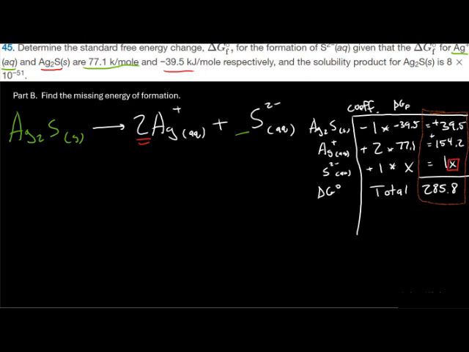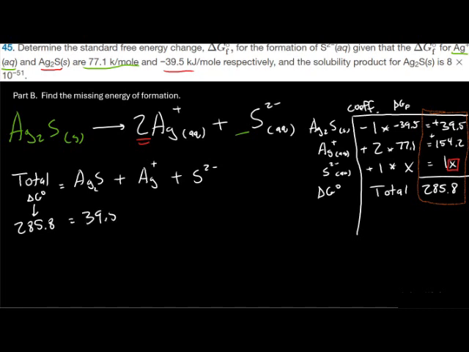Using this information we've gathered, we can find the energy change. We'll set this up and we'll say that our total delta G standard will equal the Ag2S plus Ag plus plus sulfide. The total delta G standard was 285.8. The Ag2S was 39.5. The Ag plus was 154.2. And we don't know what the sulfide is, but we're just going to have to do some algebra. What we'll do is we'll take all of the terms on the right side and we will subtract them over to the left.